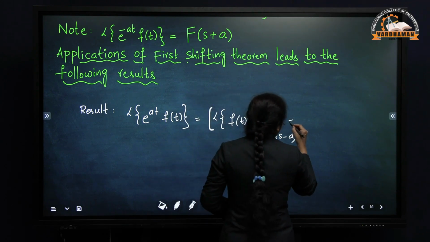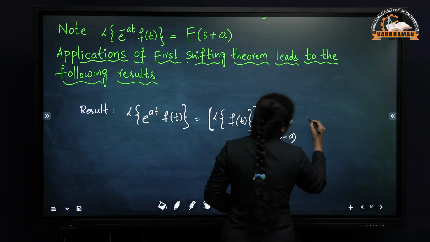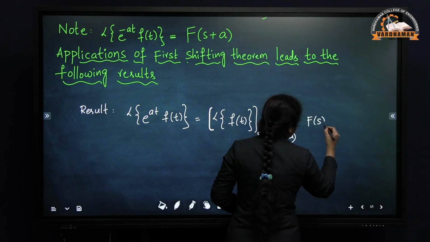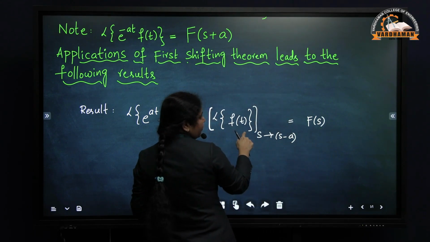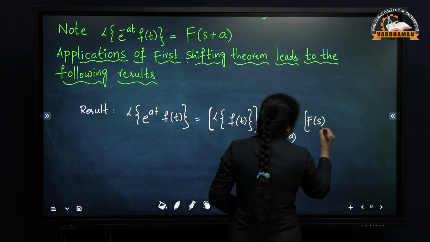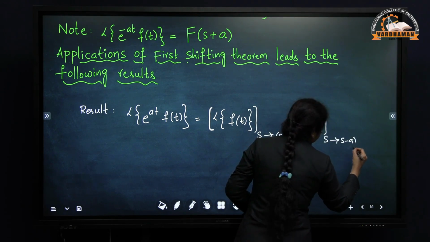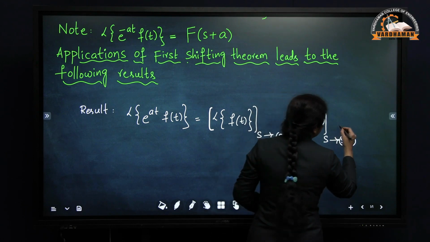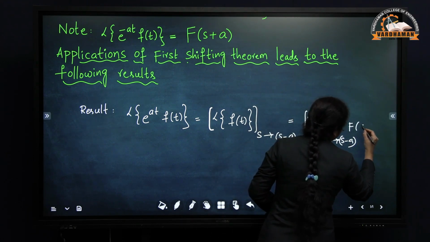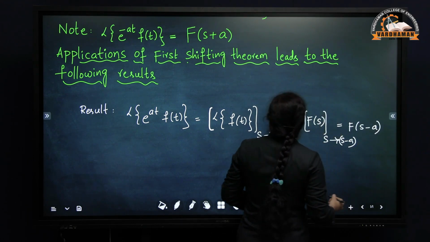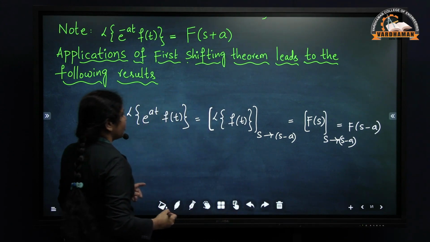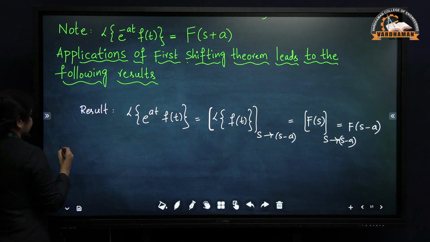As we know, L of f of t equals F of s, so replacing s with s minus a gives the result F of s minus a. We apply this concept to evaluate these results.